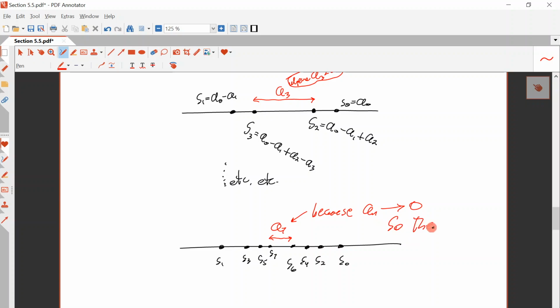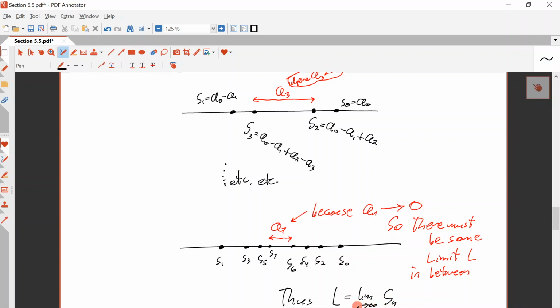So there must be some limit L in between. Thus L is the limit as k goes to infinity of the partial sums Sk, that is, the sum n equals 0 to infinity of minus 1 to the n, A_n.